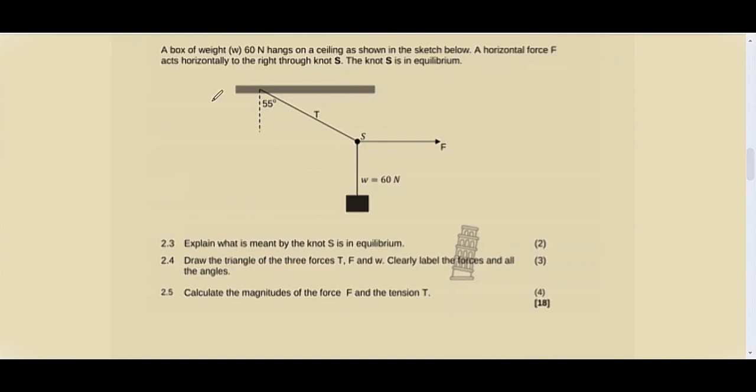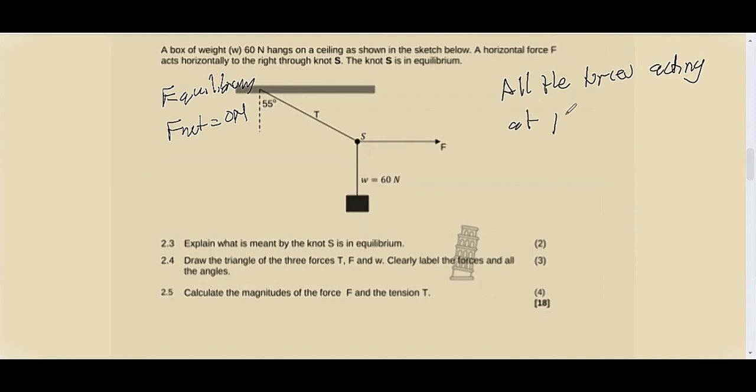It simply means that, remember, when we say equilibrium it is always related to F net being equal to 0 newtons. So that means all the forces acting at point S have a resultant force of 0.